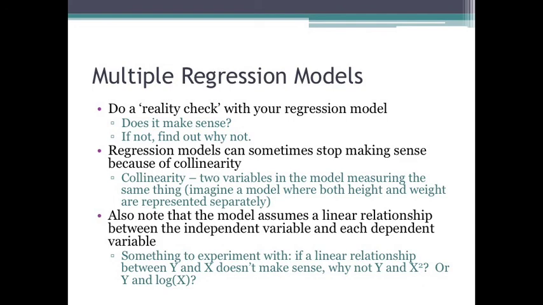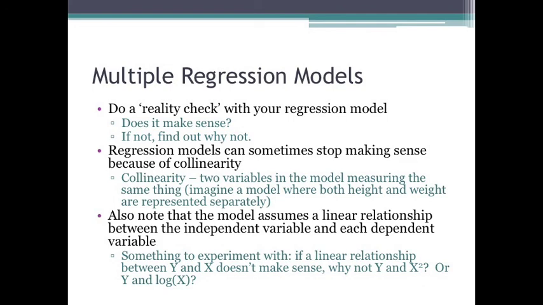One of the causes of, shall we say, odd data is what's known as collinearity. Now, the way collinearity works is this. You have two variables in the model that are themselves related, that in some ways are measuring the same thing. For instance, imagine both height and weight in a regression model. Well, height and weight are also related to each other. After all, the taller a person is, the heavier that person is likely to be.